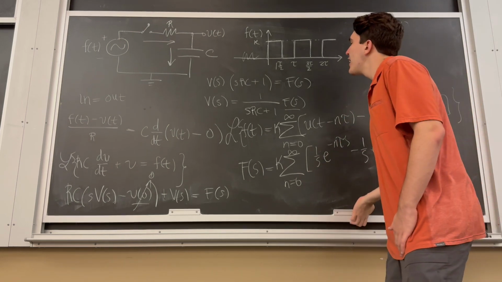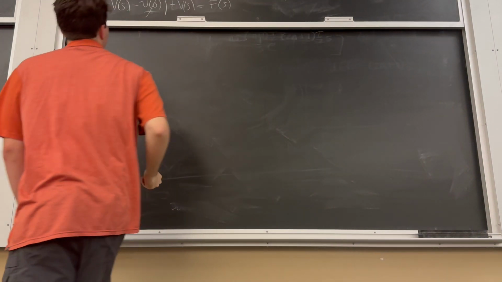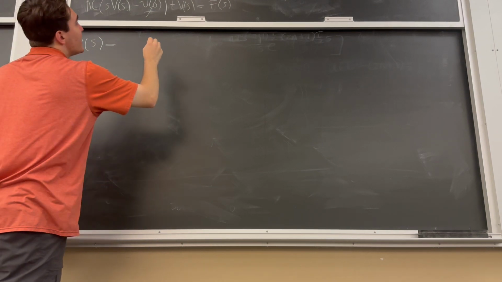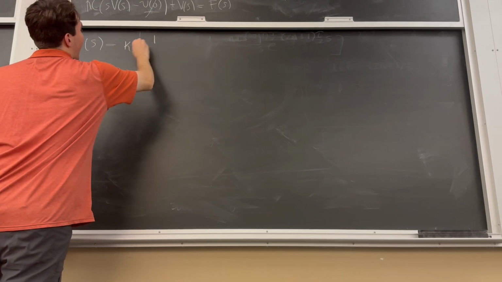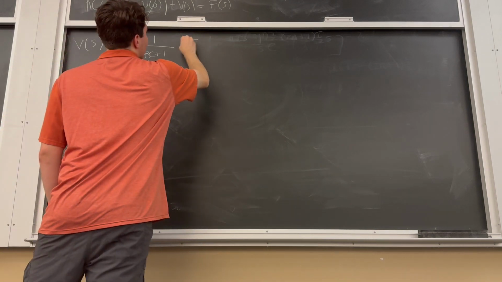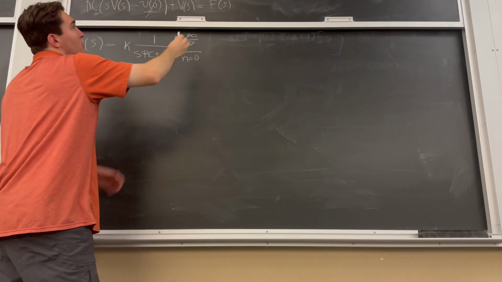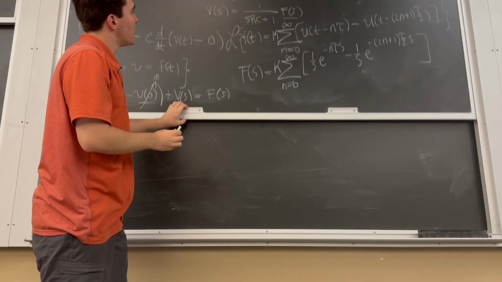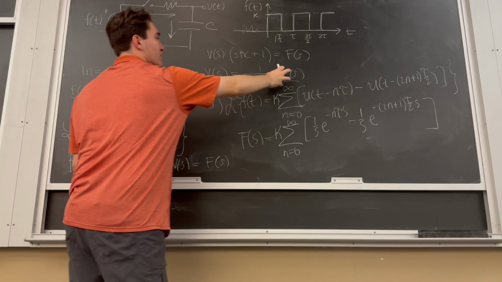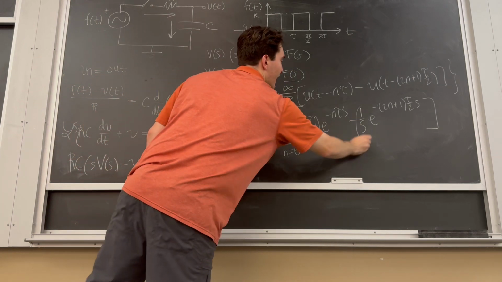So let's go on here. We're going to plug in that forcing function representation into this representation here. I'm actually going to put k out front, over s tau plus 1, and then I'm going to have this whole thing here. When I plug in this huge infinite sum into this equation, I'm also just going to factor out the 1 over s factors.